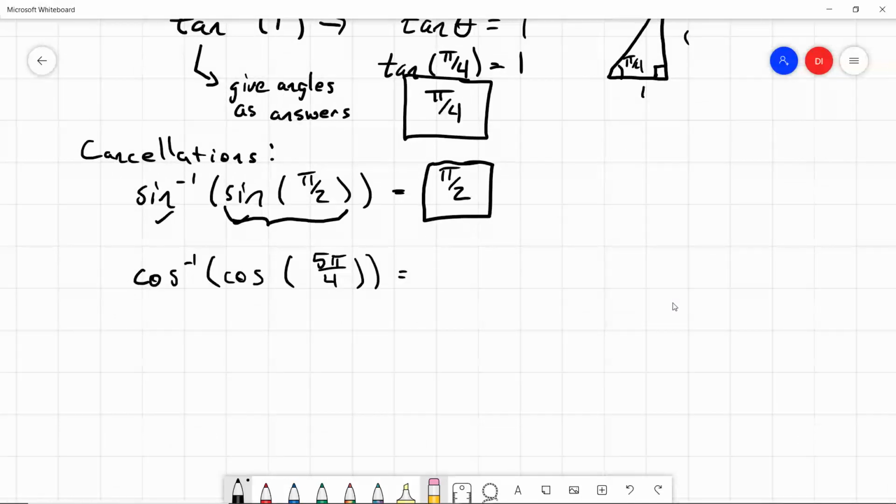What'd you say, Spencer? The answer would be 3 pi over 4. Could you enlighten us how you found that? 2 pi, you mean? Taking 5 pi over 4 and subtracting 2 pi.